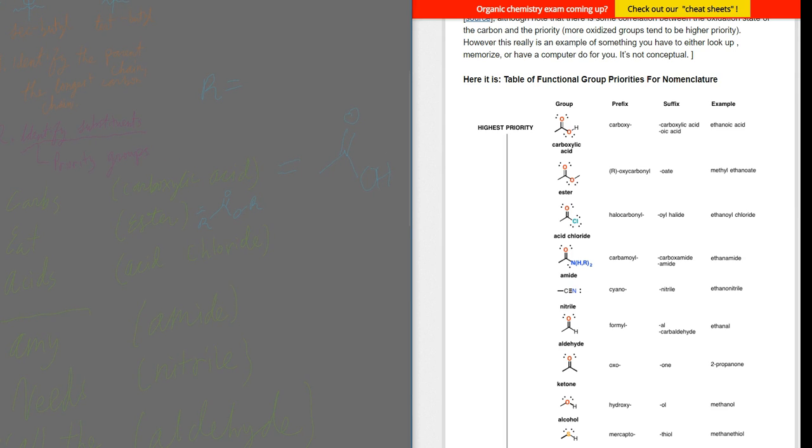R means alkyl group. And an alkyl group is basically a carbon group. Let me put this in a different color.